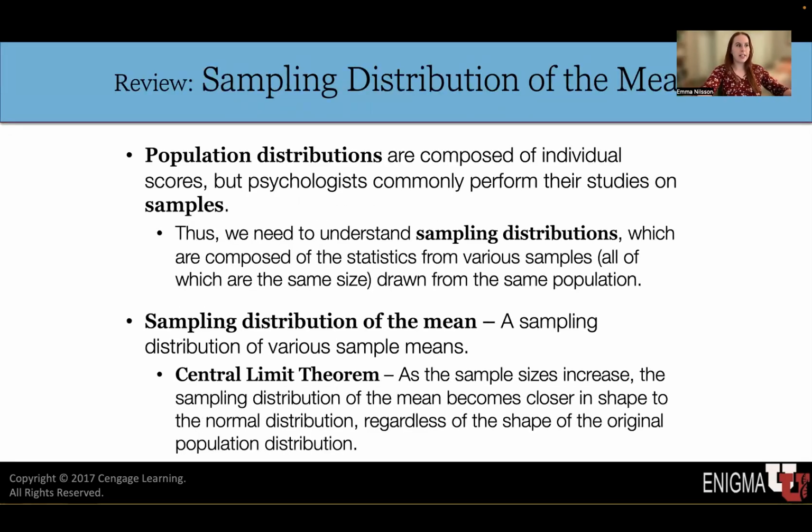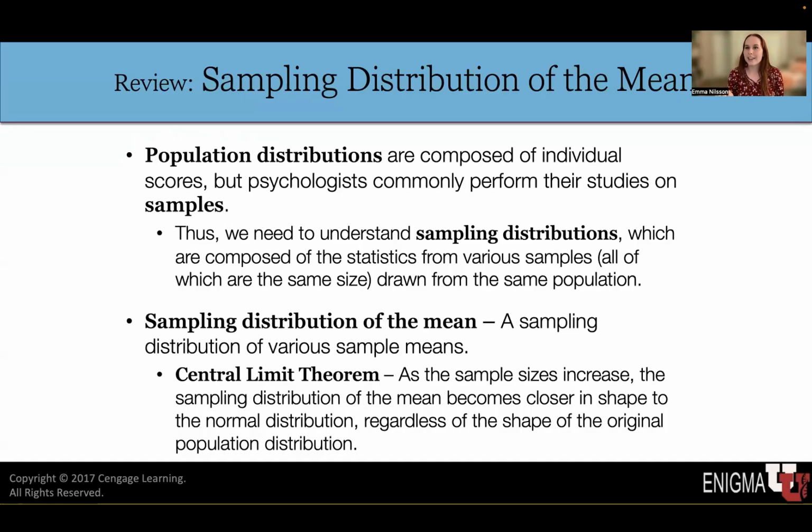So let's do a quick review of the sampling distribution of the mean and of the standard error, just so we have those fresh in our head. If you will remember, population distributions are composed of individual scores, but psychologists and other scientists often will perform their studies on samples from that population.